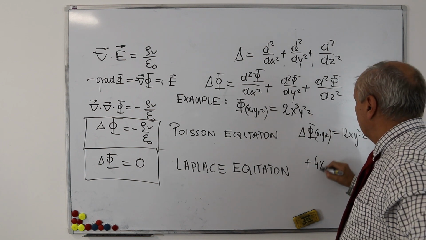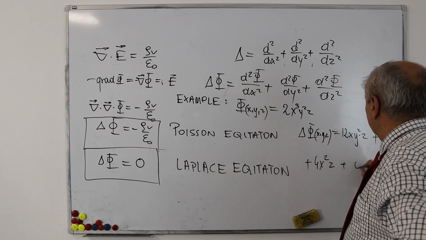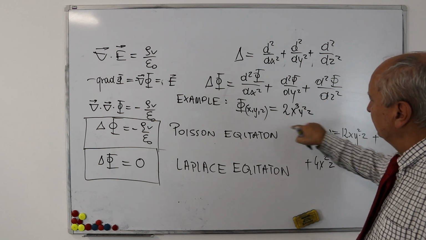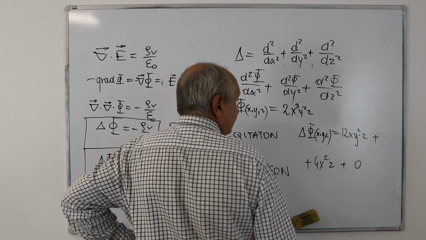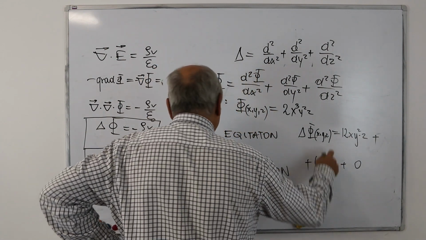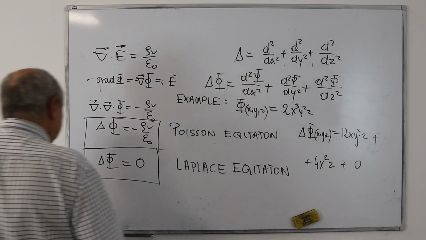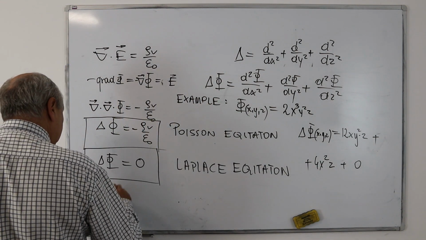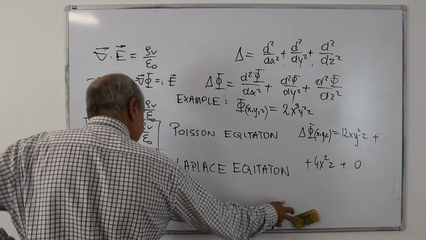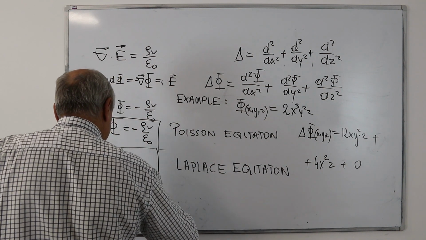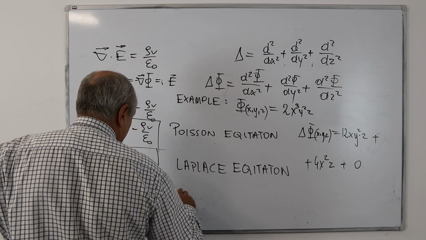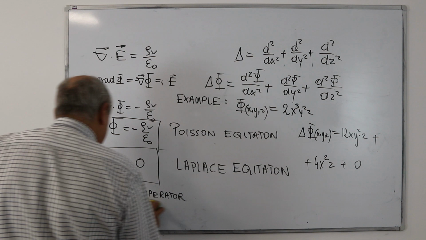This is 4z, and a pure 0. First derivative will be this, and second will be 0. So this is the result when we apply a Laplacian operator, the Laplace operator.